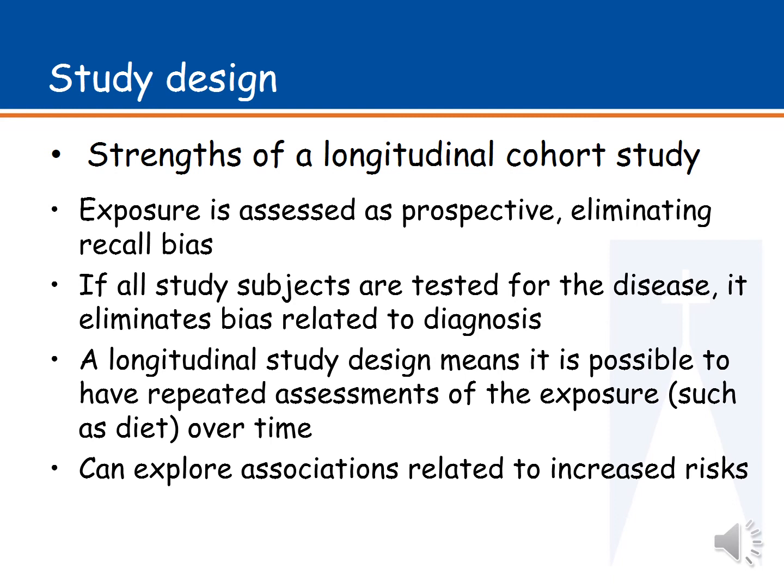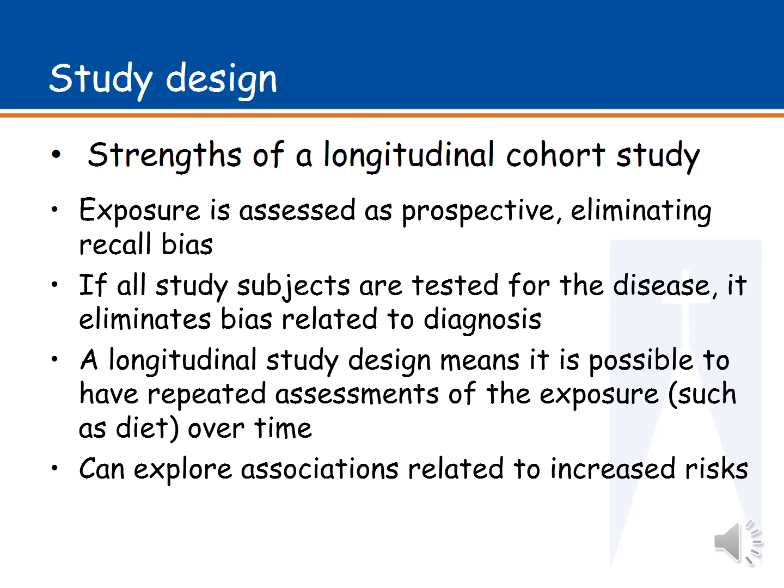Second, if all study subjects are then tested for the disease, that would also eliminate any bias that would be related to diagnosis. So in a longitudinal cohort study, there could be bias related to diagnosis if you're measuring an exposure that is thought to be related to the disease outcome. Doctors may be more likely to diagnose lung cancer, for example, in somebody who is a habitual smoker.